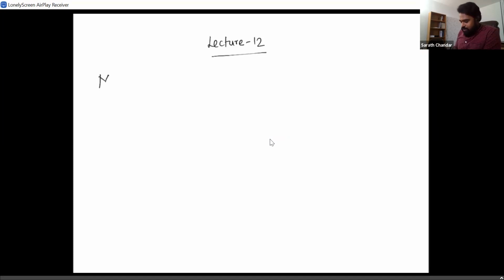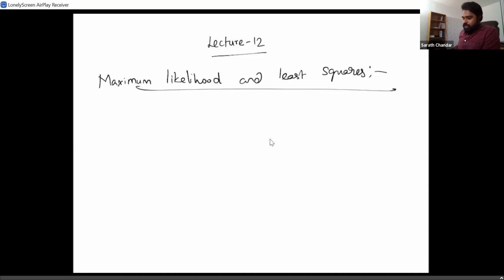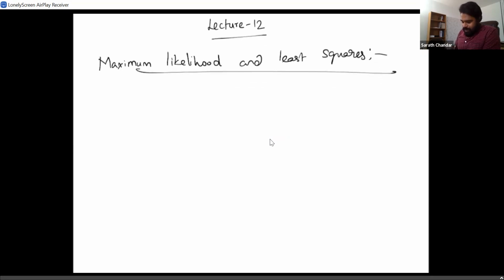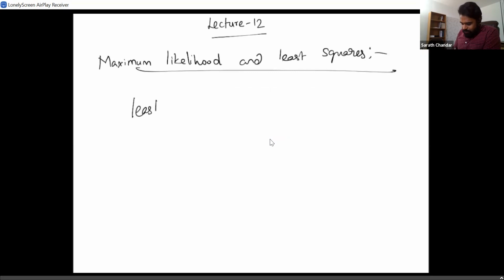So we are going to discuss the connection between maximum likelihood and least squares. To give you some idea, in the case of least squares, we had a non-probabilistic model, right?